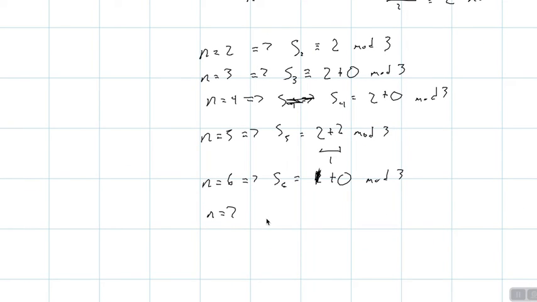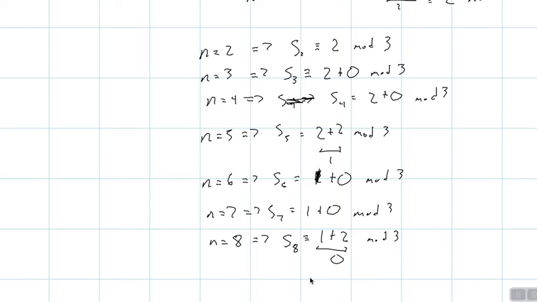N equal to 7. S sub 7 is equal to 1 plus 0 mod 3. Again, 1. Now when n is equal to 8, that's equal to 1, which is S sub 7, but now plus 2 mod 3.